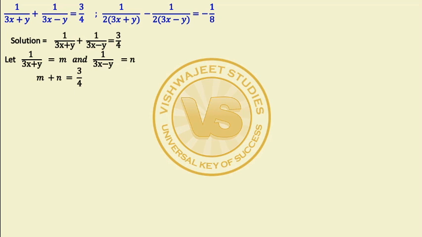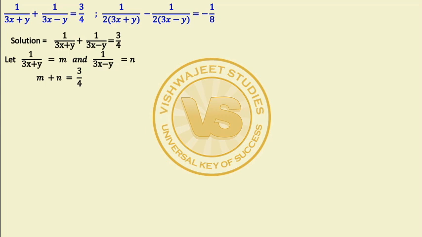If any equation has a denominator, then remove the denominator number. So our equation will become simple. For that, multiply each term by that number which is at the denominator.